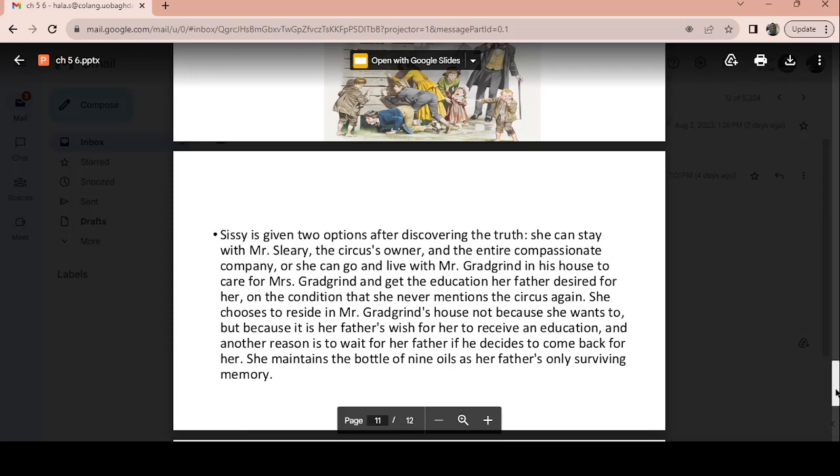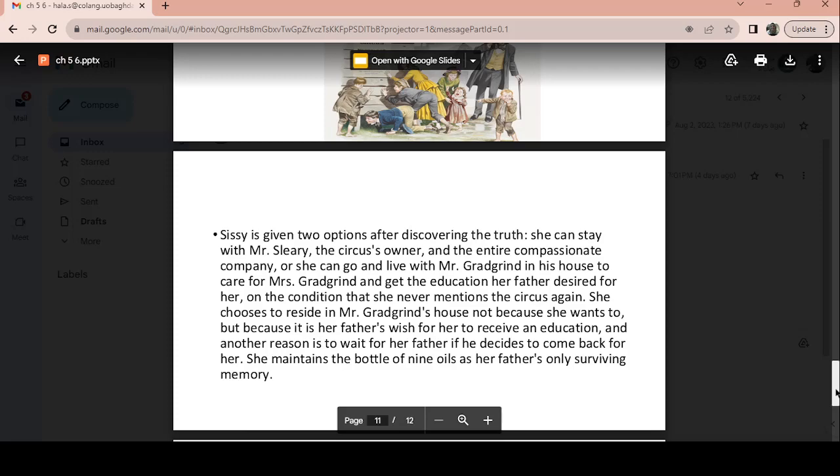And that's why he offered to take her out of the circus and teach her facts in his house, and she can take care of Mrs. Gradgrind since she's sick, but on one condition, that she never mentions the circus again, and she should not go to them again. Mr. Sleary, the owner of the circus, welcomes Cecilia, or Sissy, and said that he is going to consider her as his daughter and help her a lot.